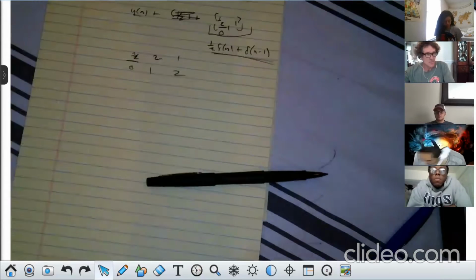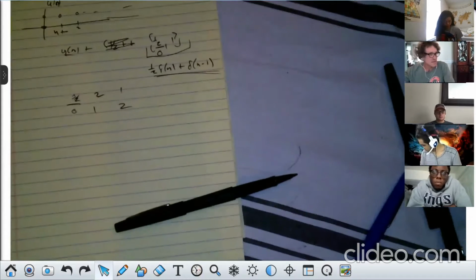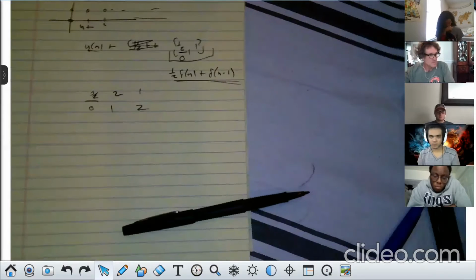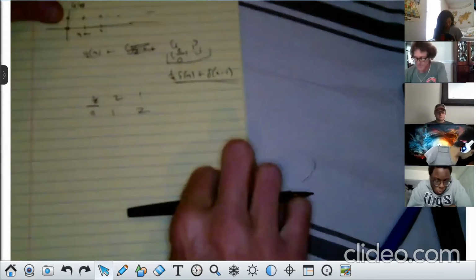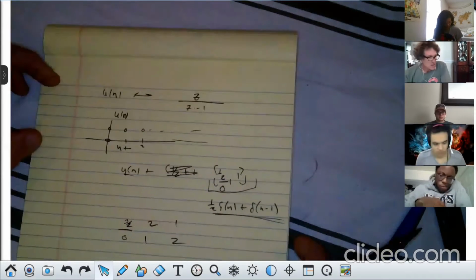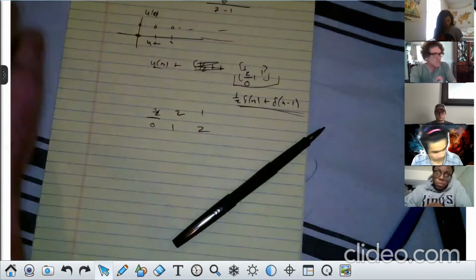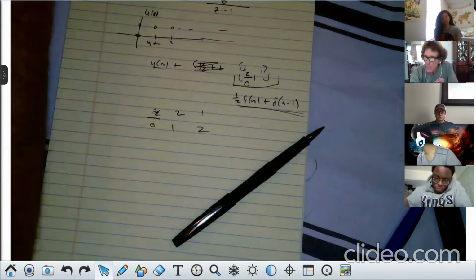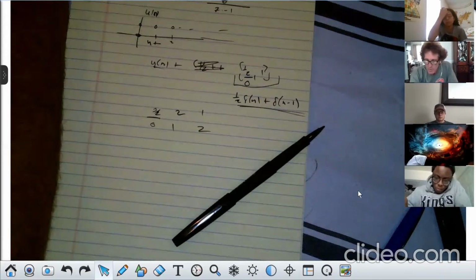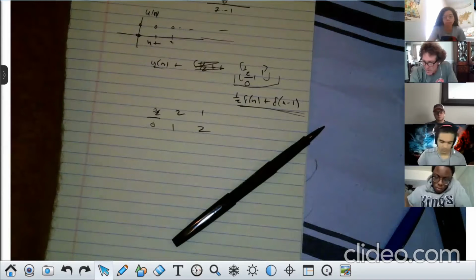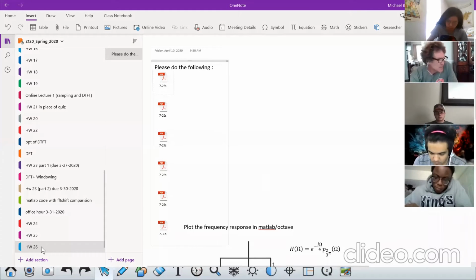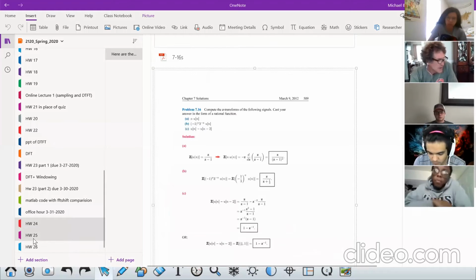I'm trying to do one thing here, but it's not exactly doing what I want. That's better, I think. All right, so today what I had planned is this. I was going to do a couple of the problems, or at least talk about them. This is from the last problem set, 25, right?